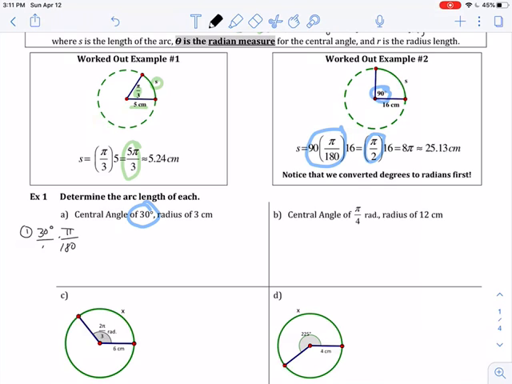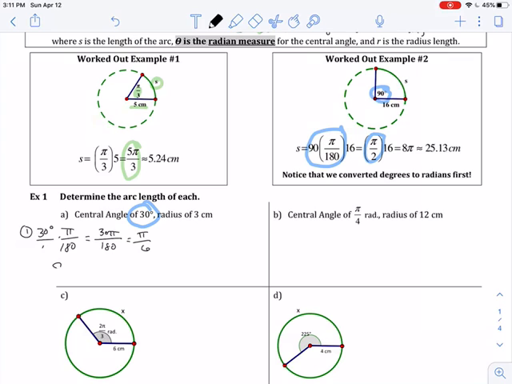So I end up with 30 pi over 180. And that will simplify down to pi over 6. So now I have my theta, or my central angle, in radians. So now I can use my formula that S equals theta times the radius, right?